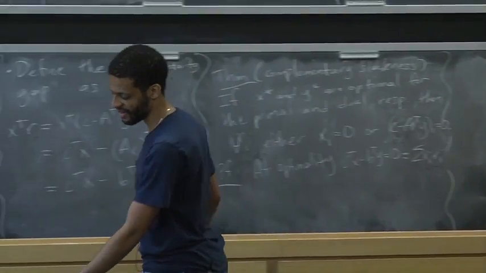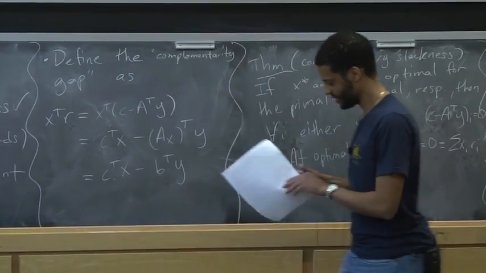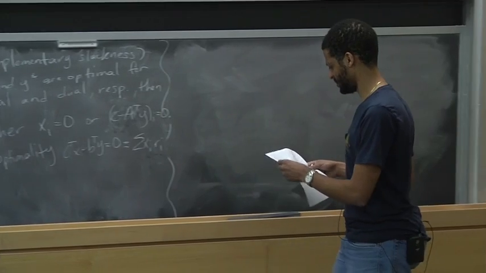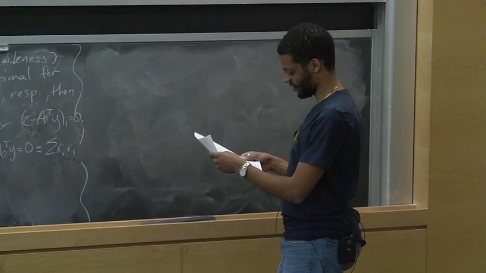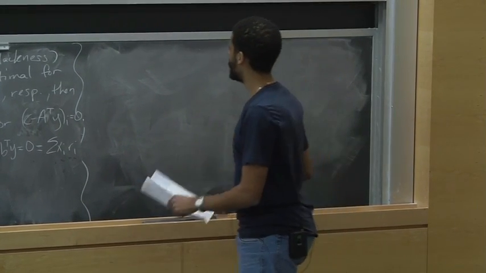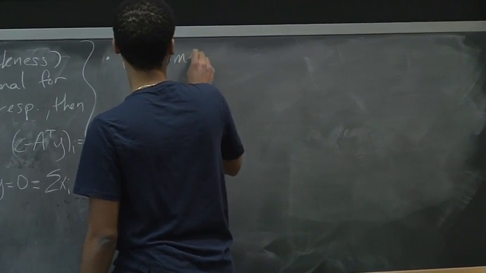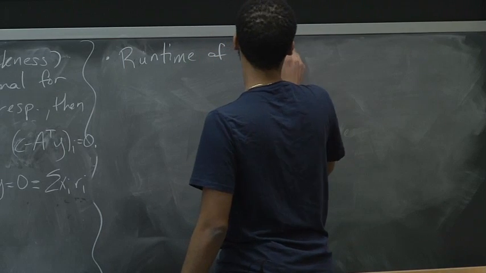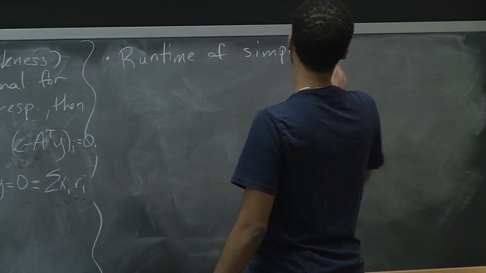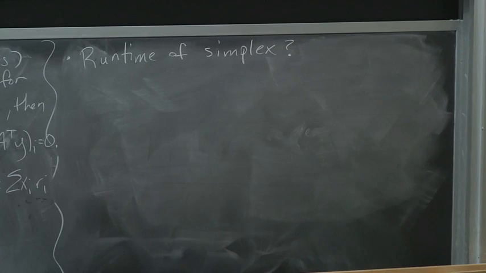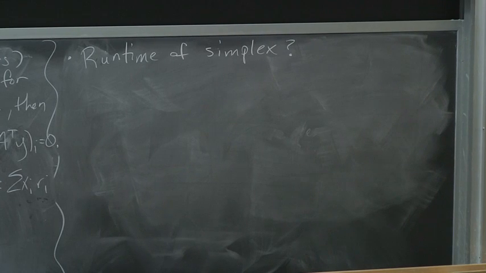Let me make sure I write down this reference properly. Actually, I did want to say a few more things about Simplex. So what's the runtime? Well, in each iteration, to move from vertex to vertex, it's polynomial time. And how many vertices are there?